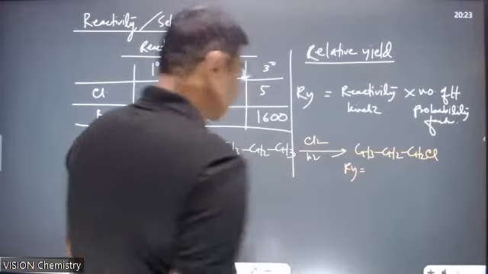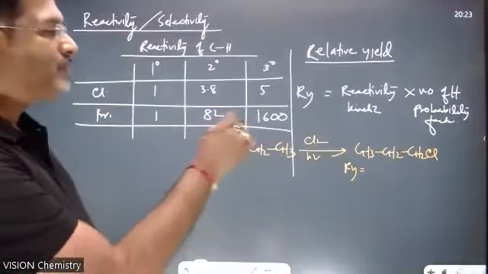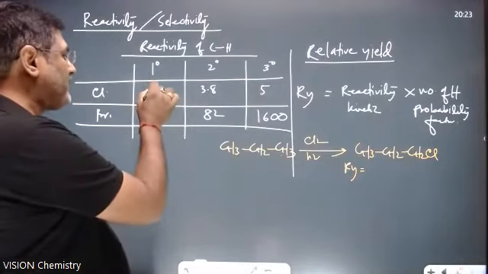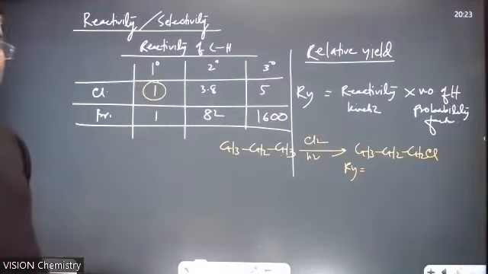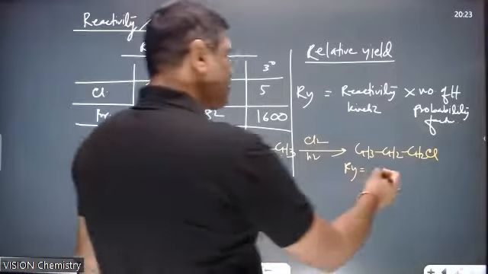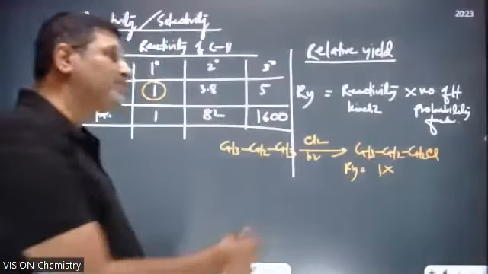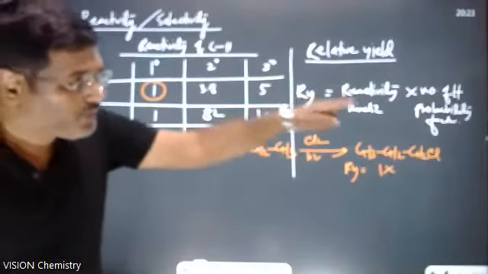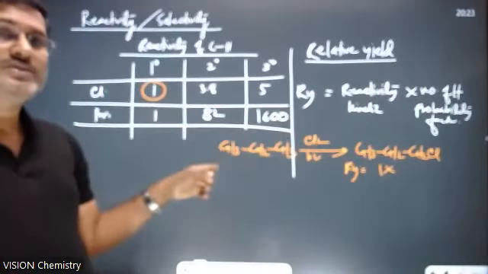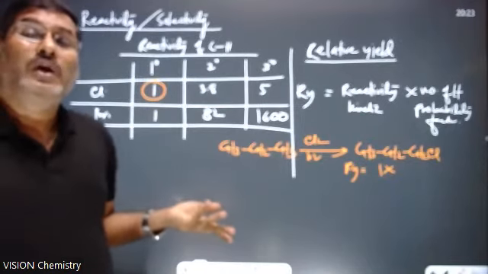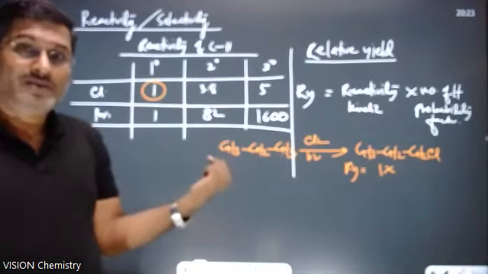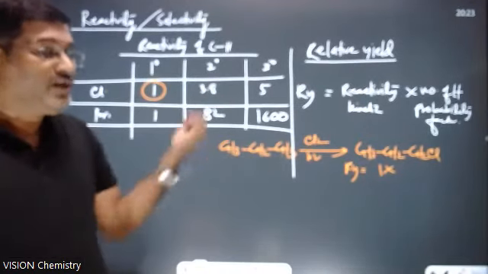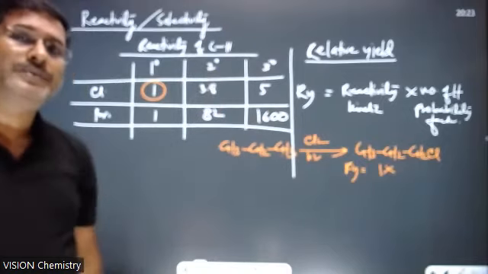So you can find the relative yield here. What is the relative yield? Primary product, so what about the reactivity of the primary? 1 unit. So reactivity is equal to 1. And the number of hydrogens responsible for this product? 3 and 3, 6, because I explained to you, any of the 6 collisions will give the same product.